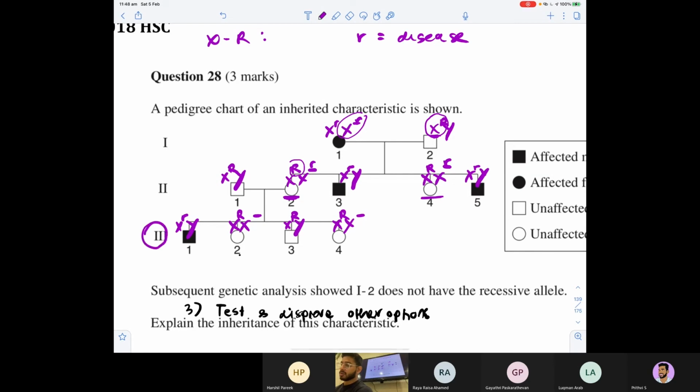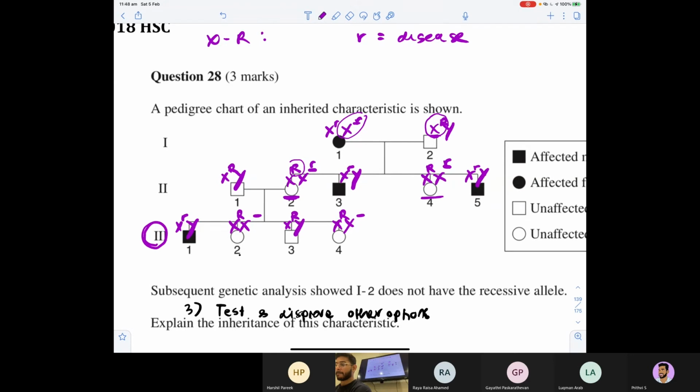Gen 3. Do we see any issue? Georgina? Yes? No?